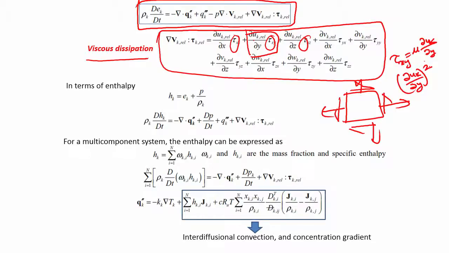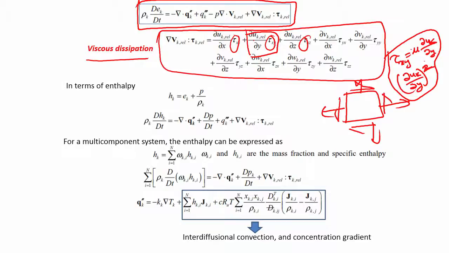That means it does not depend on what your gradient is. It can be a positive gradient or negative gradient, velocity can go up or down, but the square of that quantity is always positive. So, the viscous dissipation term throughout this expression is always a positive number. That is because of the square nature of this, and you can show it for the other terms also, it is always a square.